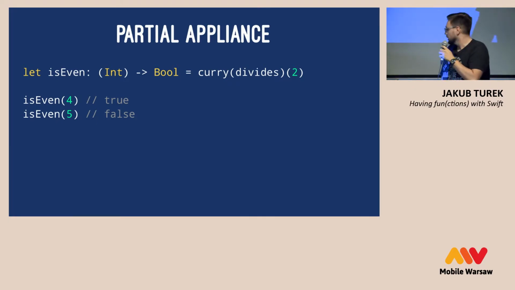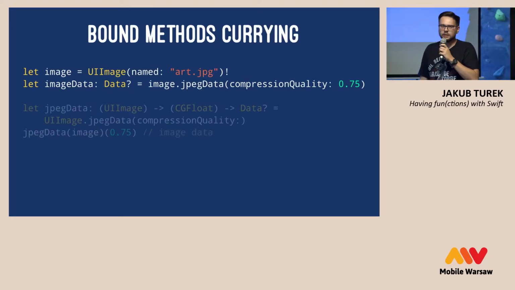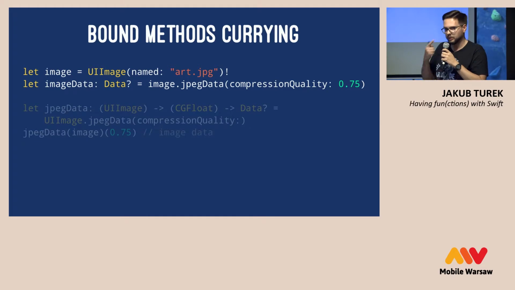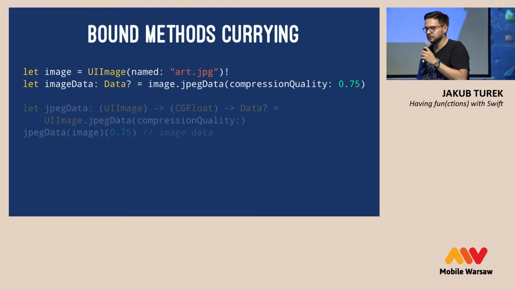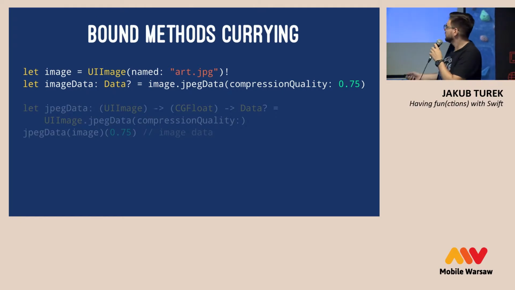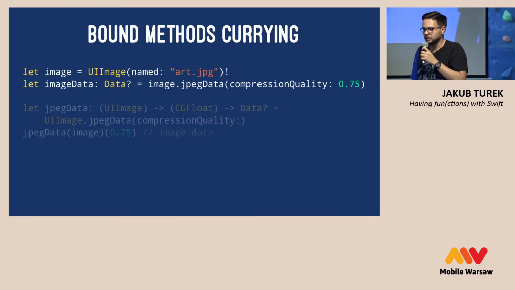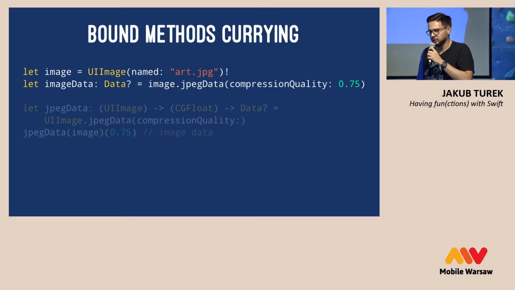What's very nice about Swift is that all of the bound methods can by default be curried, and it's not common knowledge. So imagine you have an image like that, and we have the JPEG data function. That is a class method. It takes a single float argument as an input and returns the data of the compressed image.